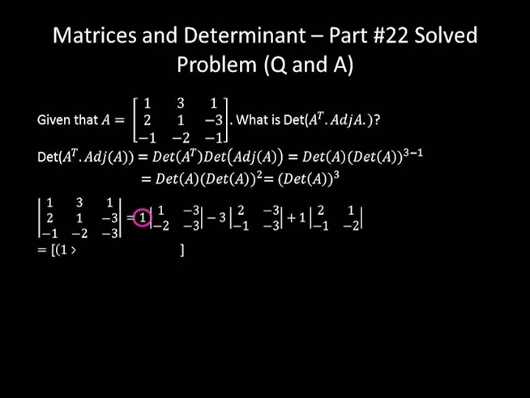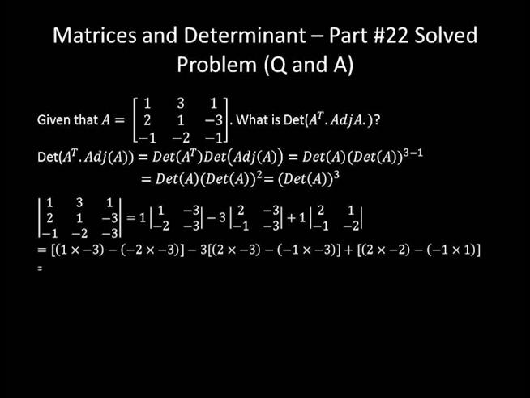Thus, 1 times negative 3 minus negative 2 times negative 3, minus 3 times 2 times negative 3 minus negative 1 times negative 3, plus 2 times negative 2 minus negative 1 times 1, which is equal to 1 times negative 3 is negative 3, minus negative 2 times negative 3 is 6, minus 3 times 2 times negative 3 is negative 6, minus negative 1 times negative 3 is positive 3, plus 2 times negative 2 is negative 4.